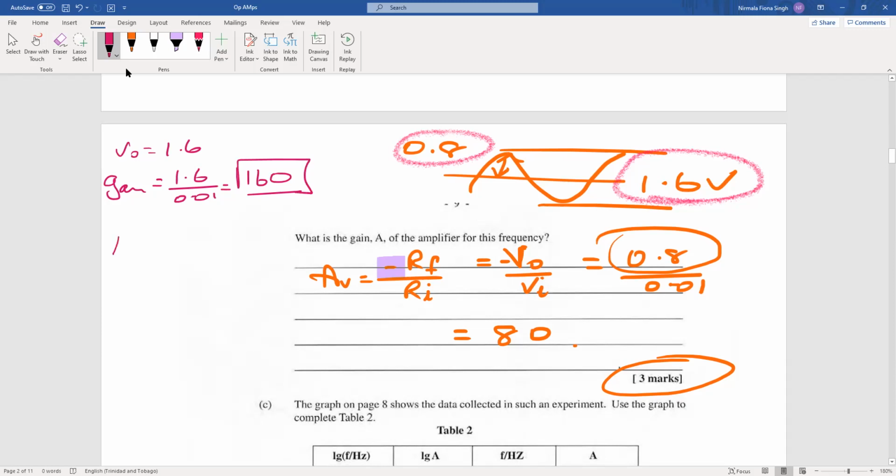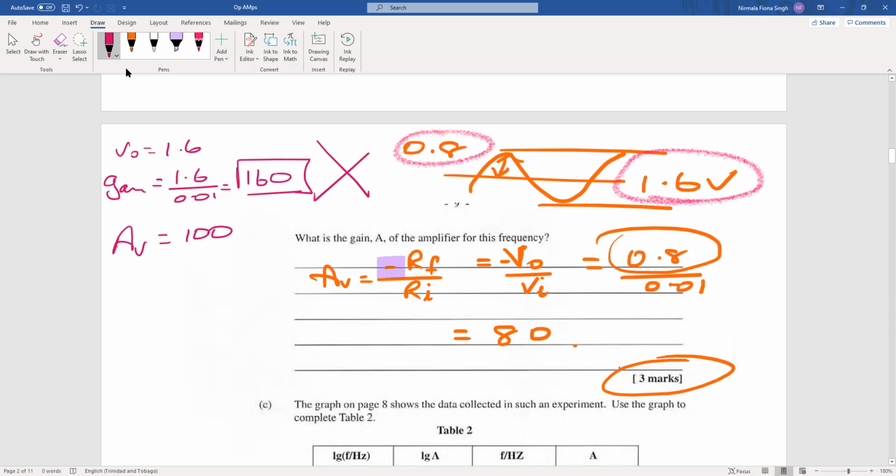Because what is the gain of this circuit? The gain of this circuit is 100. So that is how, if you had used the 1.6, you would have gotten the question wrong. So this is where the very simple equations, very simple mathematics, but here you just have to be a little cognizant of how things are supposed to work.